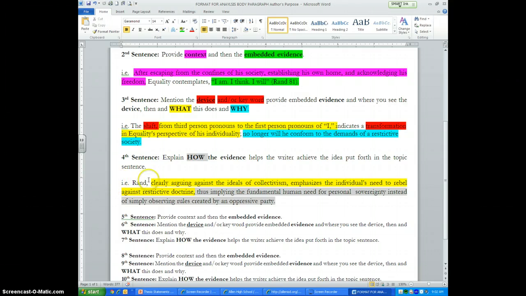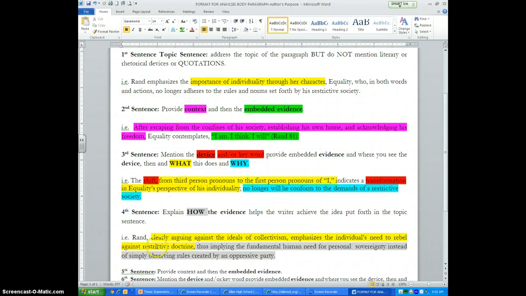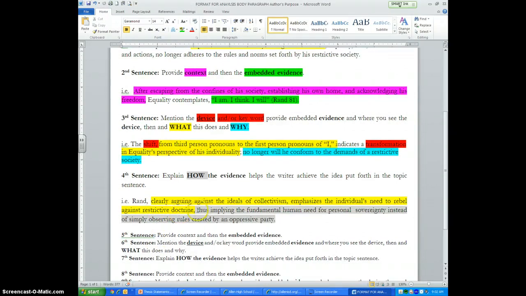So here I am going to mention Rand. Rand, clearly arguing against the ideals of collectivism, emphasizes the individual's need to rebel against restrictive doctrine. So that's connecting back to my what that we've been talking about all the way through. Okay, but now I'm going to get to that bigger idea, that association, something just a little bit more meaty.